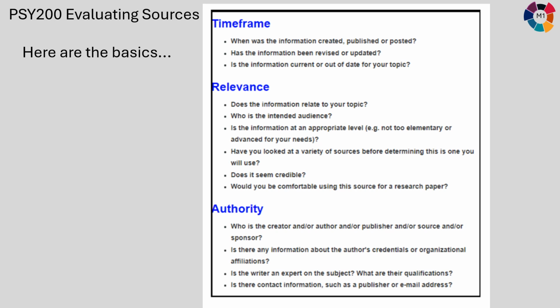Not that they have to be well known all over the planet, but is it someone with credentials? Are you reading a medical paper written by someone who's not a doctor? So just use a little bit of common sense there. And if you're not sure, just ask. I will help you sort through it. There's lots of different fun ways we can pick apart these academic papers to make sure we know who we're getting our information from.